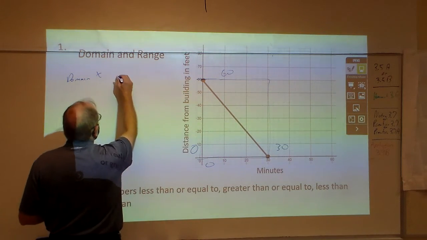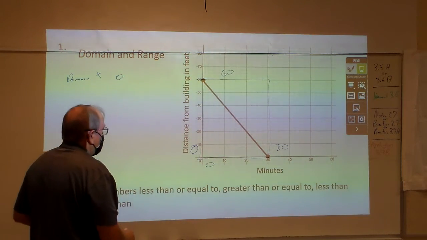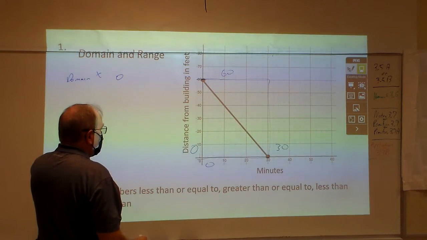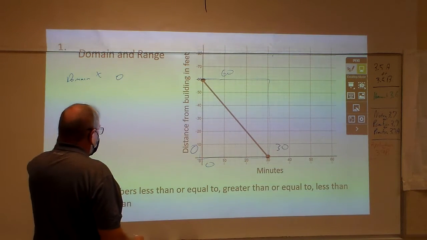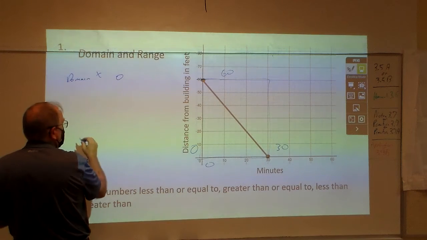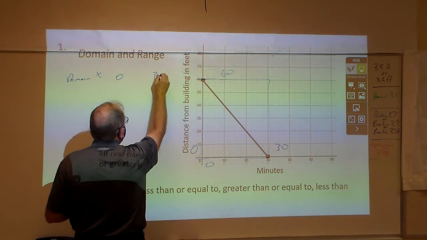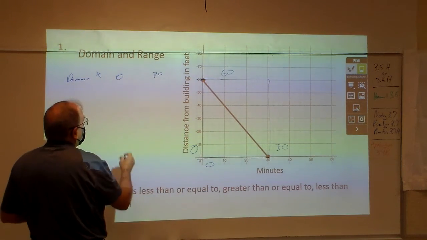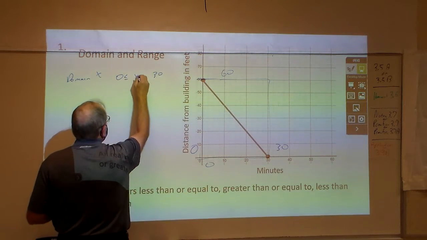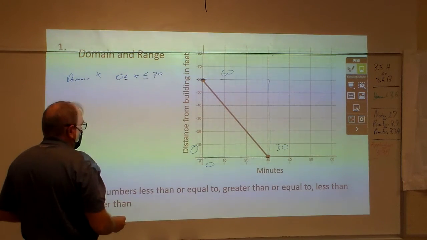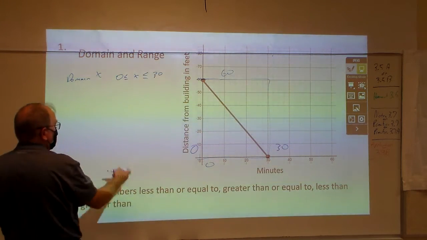So it's 0. So your answer here is going to be a number between 0 and 30, on which you can have answers of 0 and 30, and domain is x. That's how we tend to write it, but they want it written out in words.